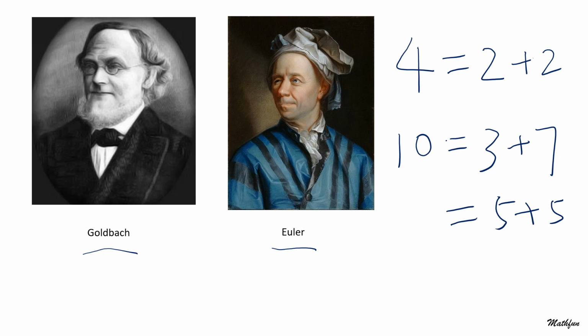Goldbach, in fact, considered 1 as a prime number when he communicated with Euler by letters, obviously, back then. On the other hand, Euler did not consider 1 a prime number. So in other words, some people did, some people did not. It's just more or less a personal preference.